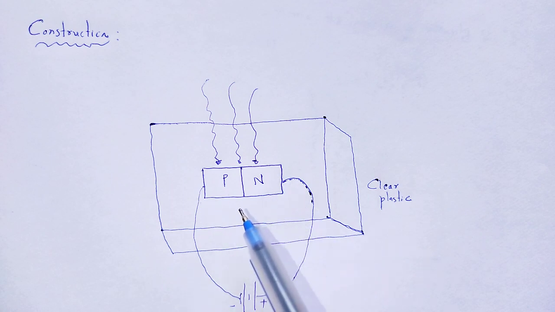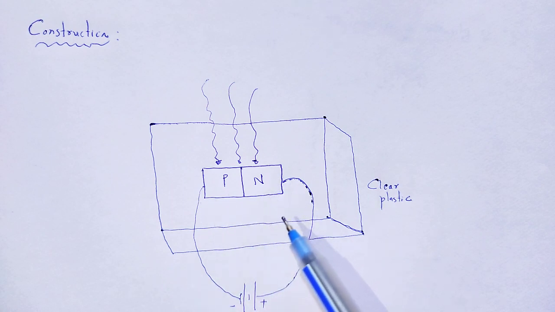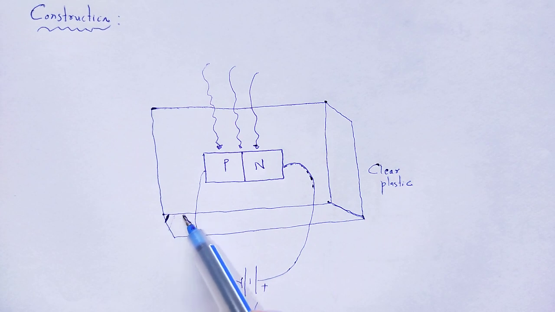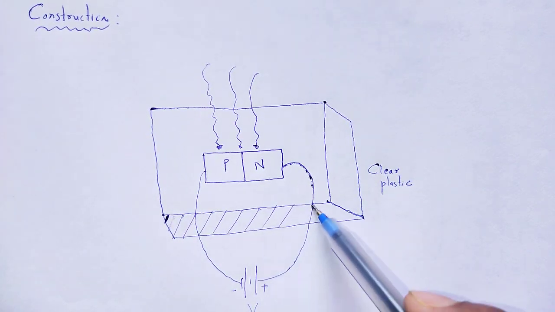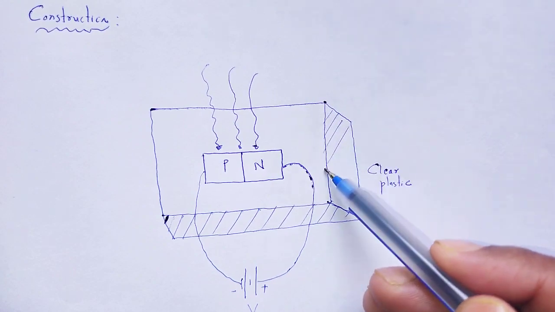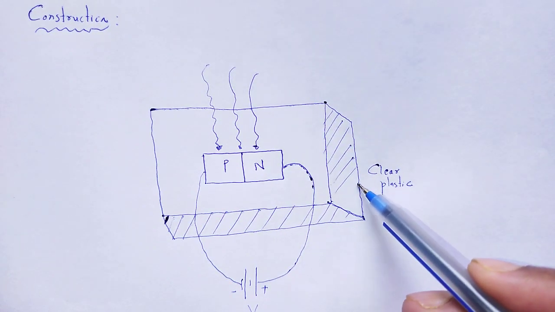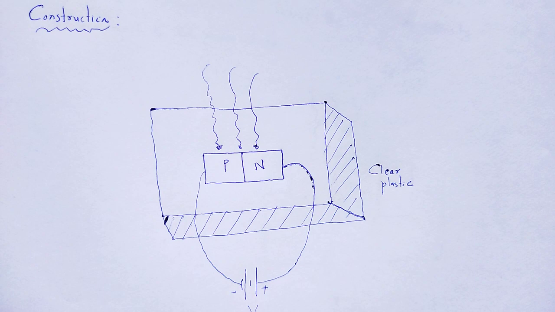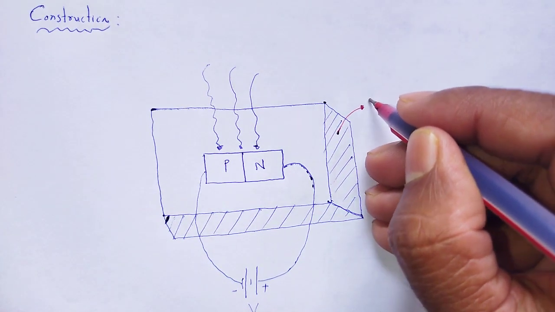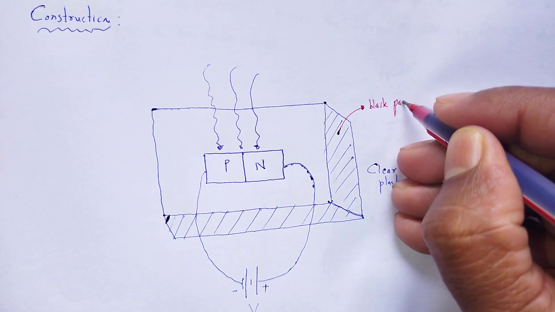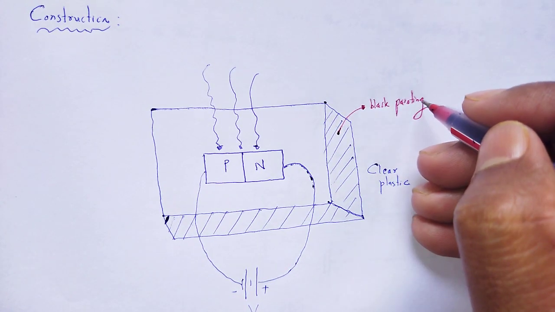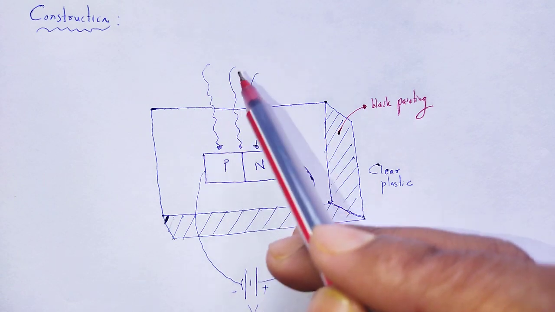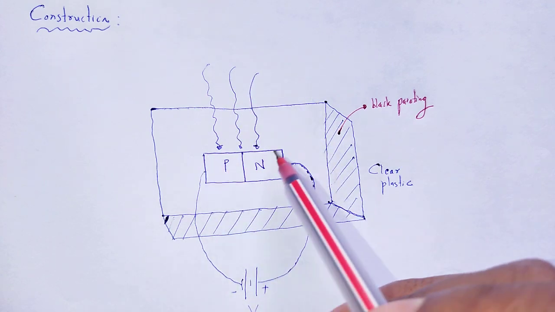The light is allowed to be incident on the p-n junction of the photodiode, and all the remaining portions of the clear plastic enclosure are painted black, in order to take only the incident light that falls on the p-n junction.